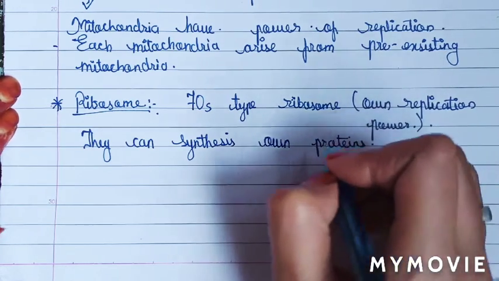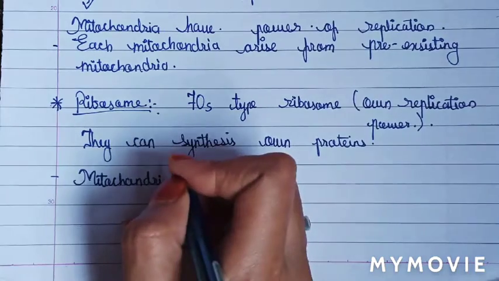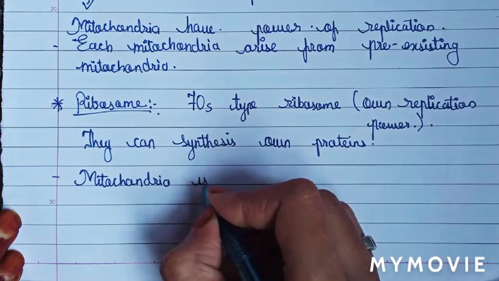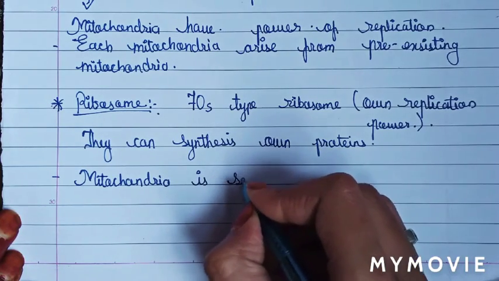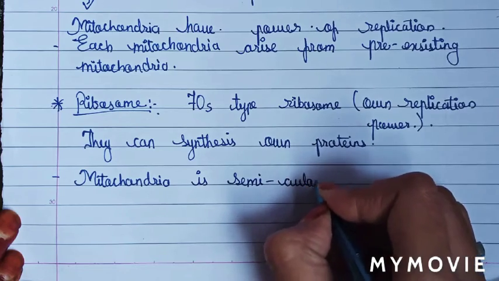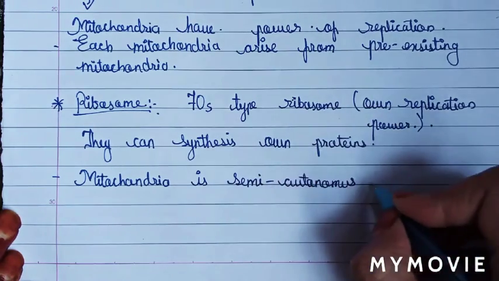Now, mitochondria is also known as semi-autonomous organelle.